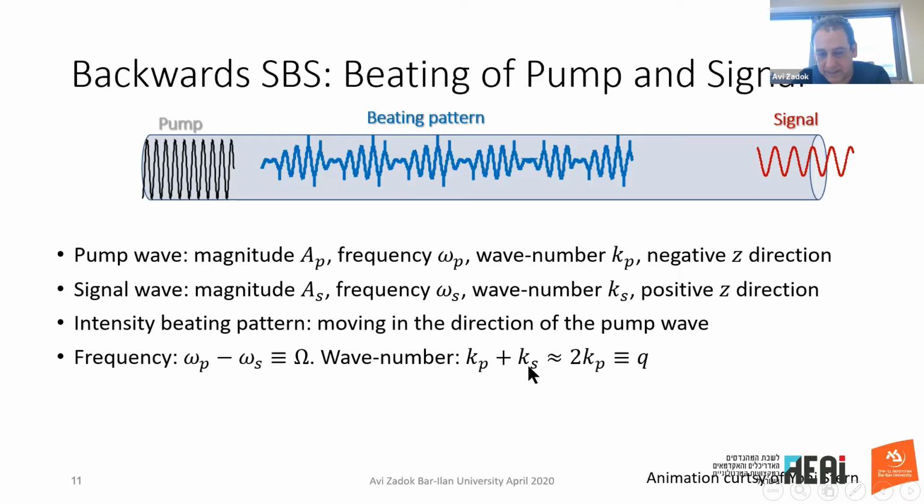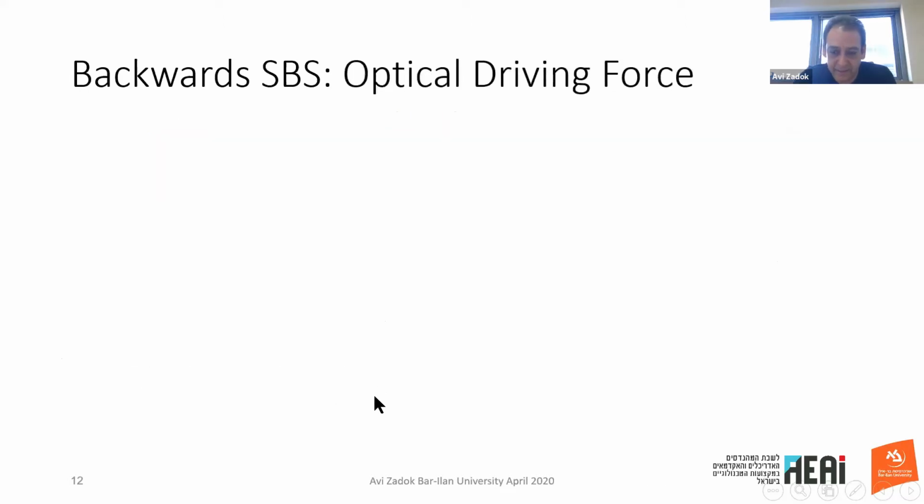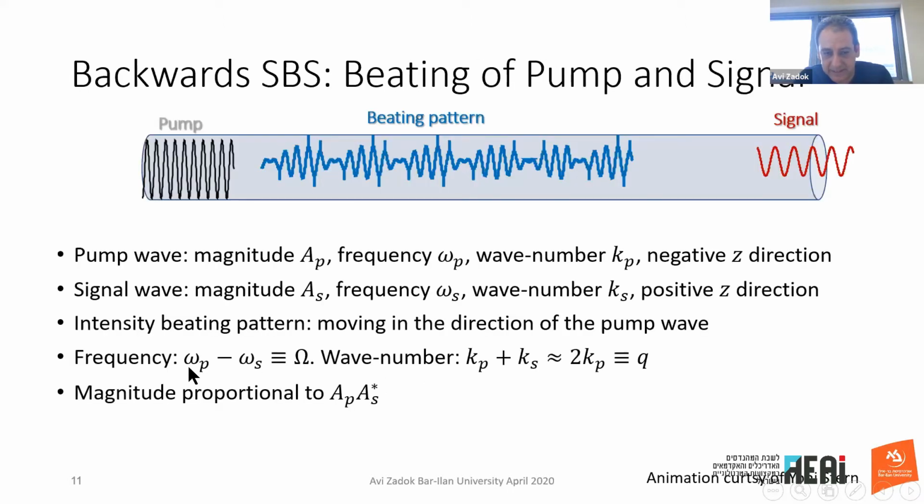Therefore, we can approximate the sum of these two wave numbers to be twice K pump, and we'll call that Q for what is to come. So if I look at this optical intensity, it has a magnitude proportional to this product, A pump conjugate of A signal, and a frequency that is the difference between the two, and the wave number that is the sum of the two.